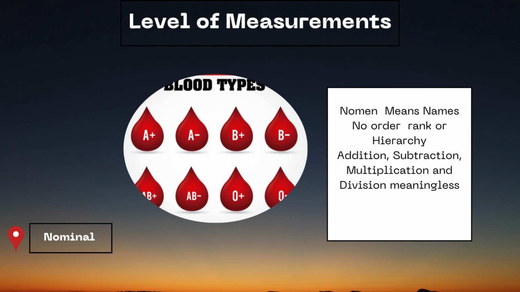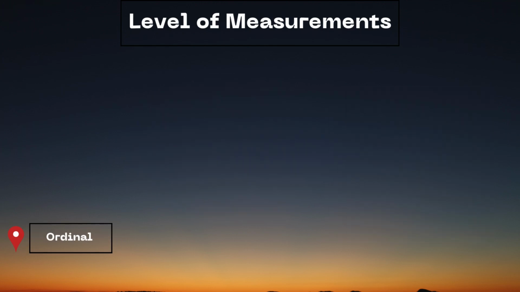Categories in nominal data have no inherent order or rank, which means arithmetic operations like addition, subtraction, multiplication, or division are meaningless. For example, blood groups O, A, B, AB are nominal categories with no natural order or rank, so even if numeric values are assigned to these categories, arithmetic operations on them remain meaningless.